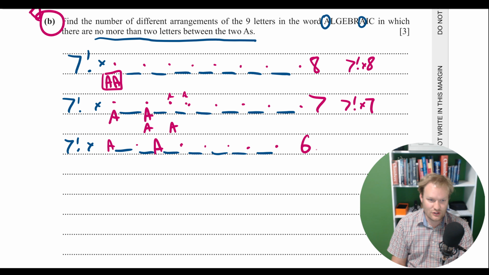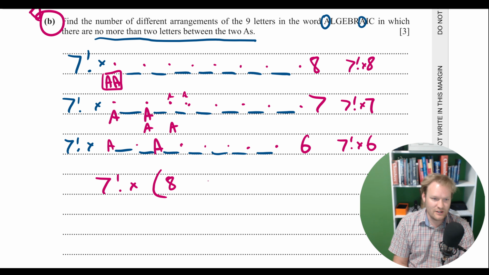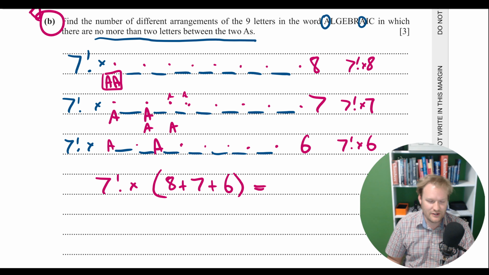So there's 6 ways of placing the A's with a gap of 2. In other words, we've got 7 factorial times 6. Now, you could, of course, just have combined that and thought, well, place all the other letters, and then there are 8 ways to have AA, plus 7 ways to have A gap A, and 6 ways to have A gap gap A. Okay, and you get 105,840 when you multiply that together.